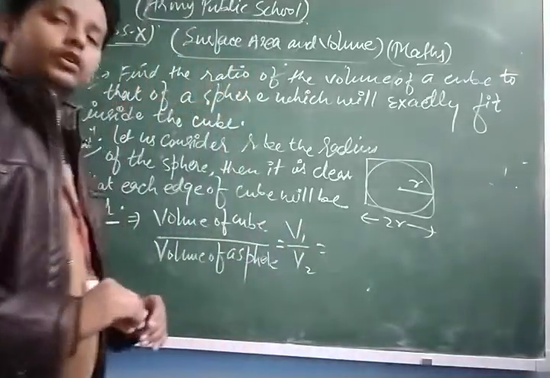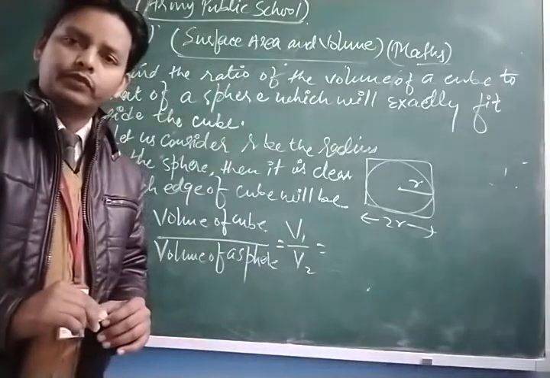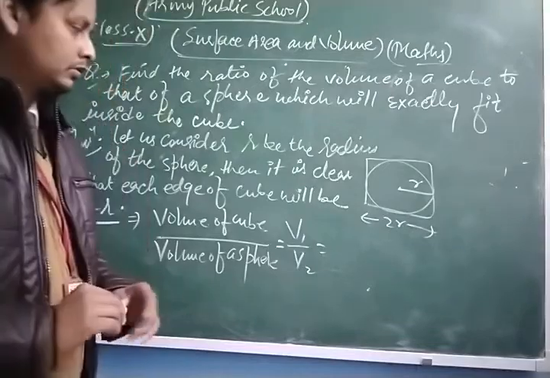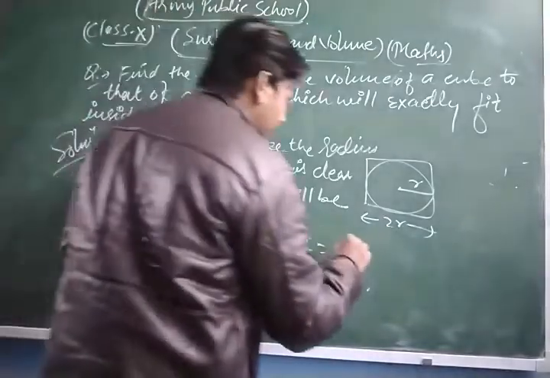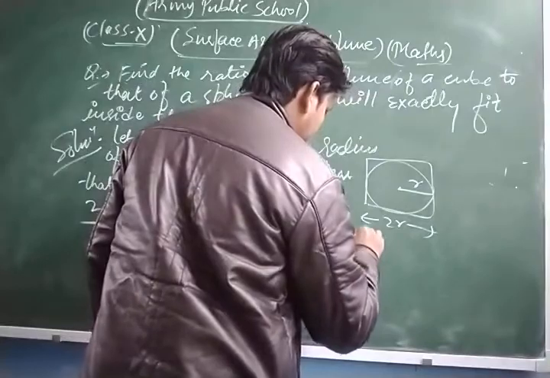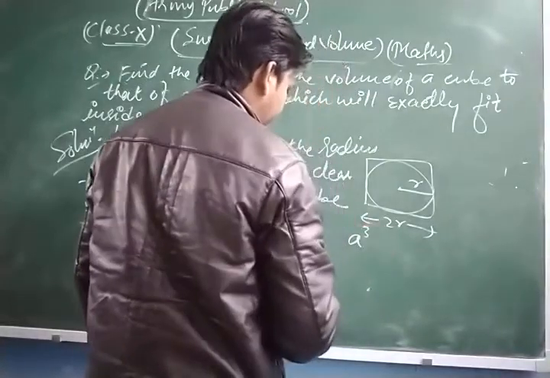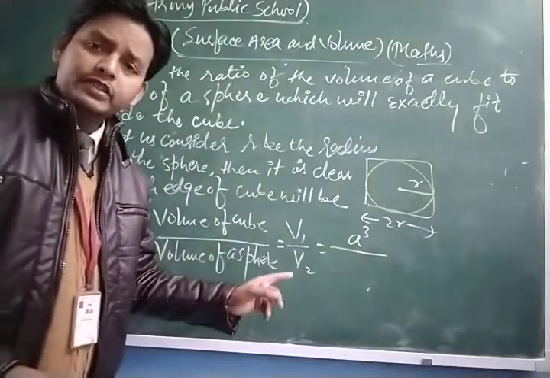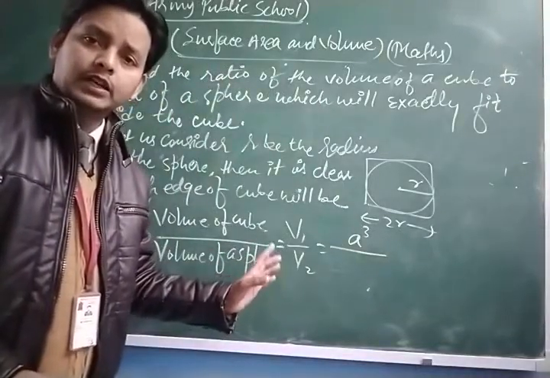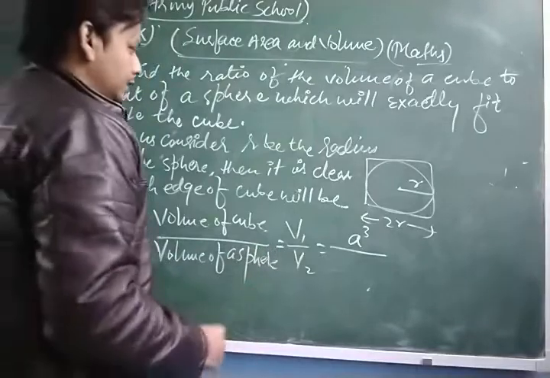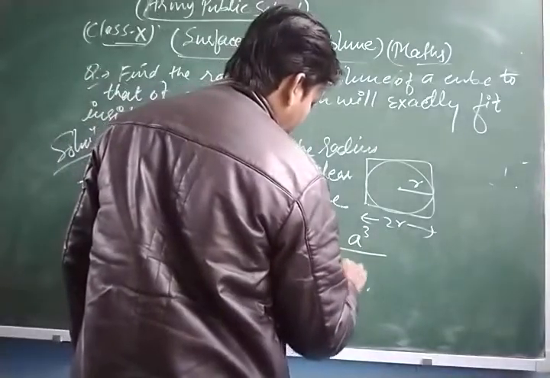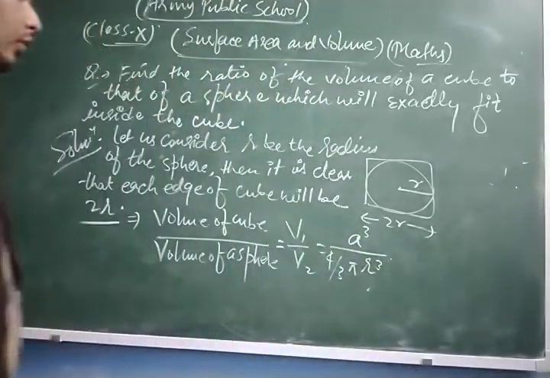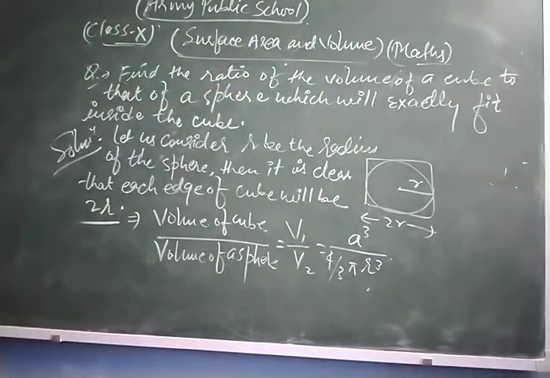What is the formula for the volume of a cube? We know that the volume of a cube is side cube, so let A be the side of the cube, that is side cube upon the volume of a sphere, which is 4 by 3 pi r cube. So here we write 4 by 3 pi r cube.